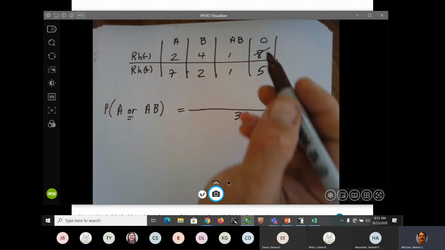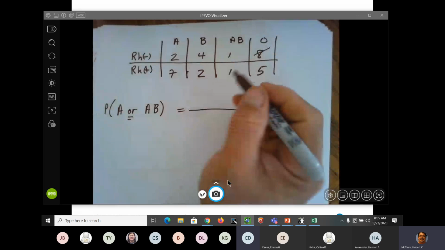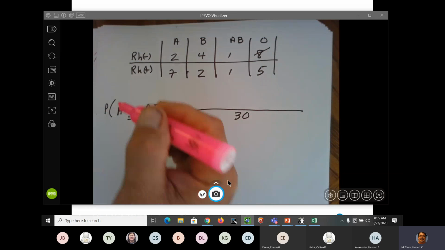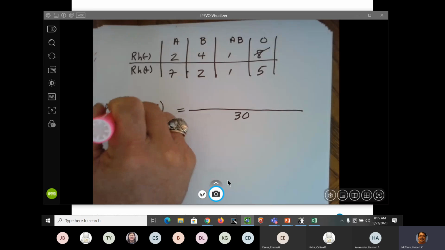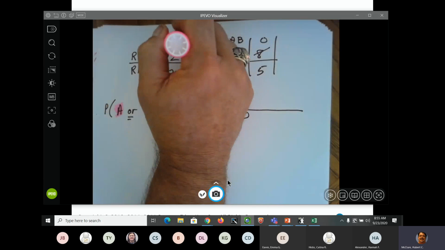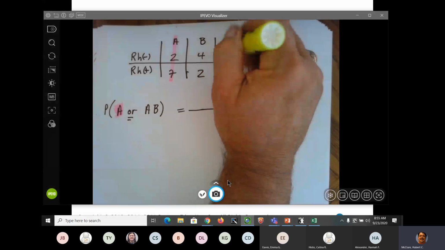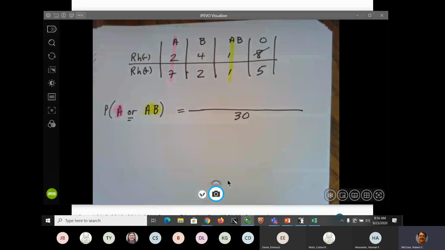All right. So I'm going to take my pink highlighter, and that's going to be my A. And I'm going to highlight that column. And I'm going to take my yellow highlighter, and I'm going to highlight AB. Do I have an overlap? No. Then you don't have to worry about overlap.